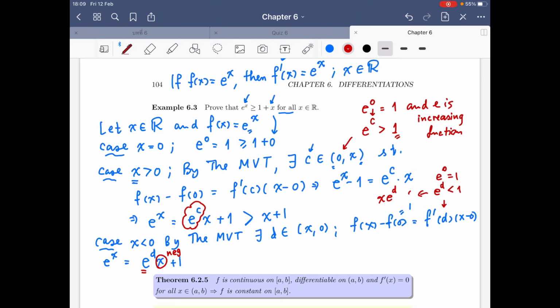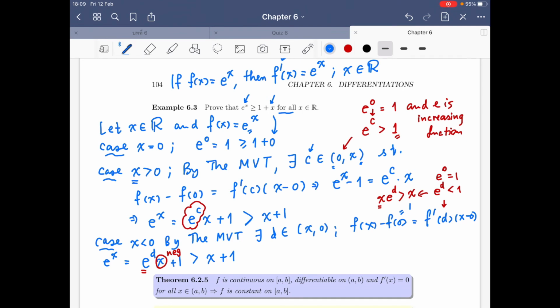You cannot say less than, because this x is negative, so it must be greater than. So this will be greater than x plus 1. Again, this one is strictly greater than.